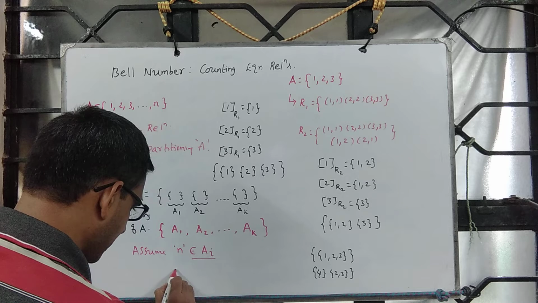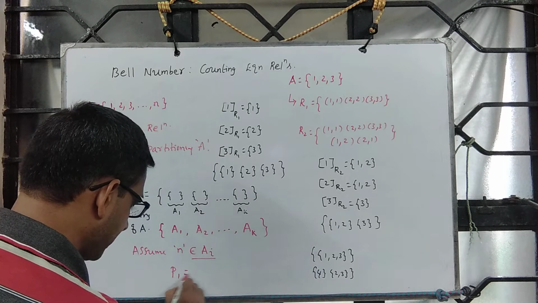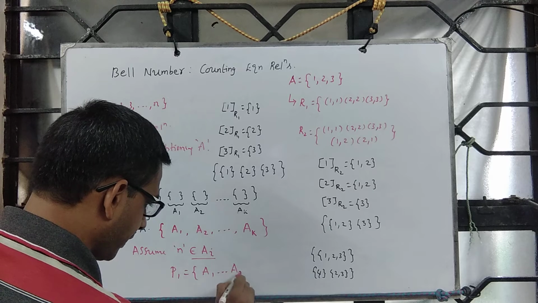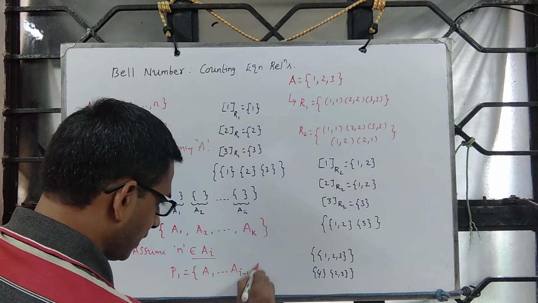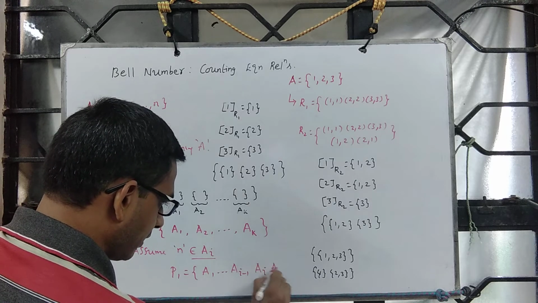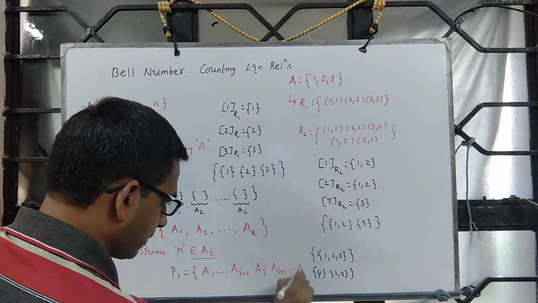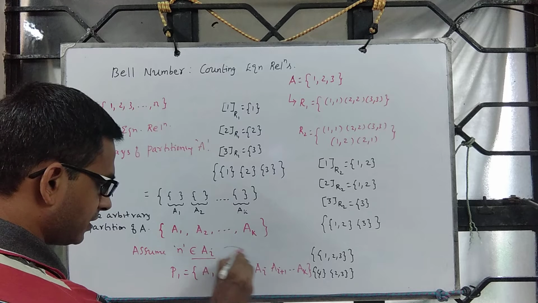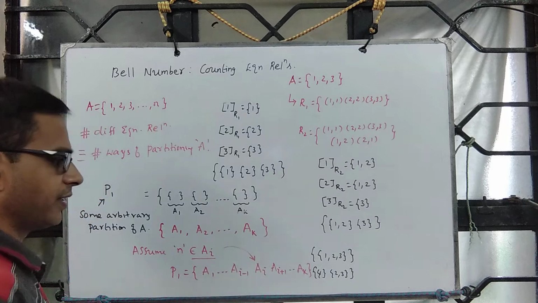Which means the arbitrary partition will have A1 to A(i-1), then Ai, then A(i+1), so on up to Ak, and in this you find that n appears.